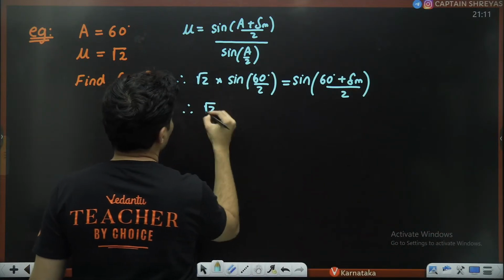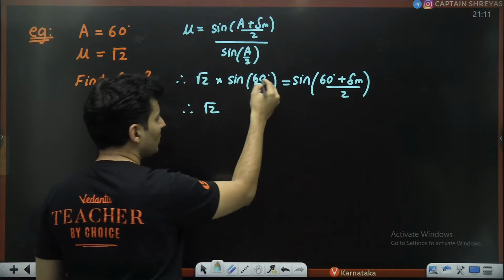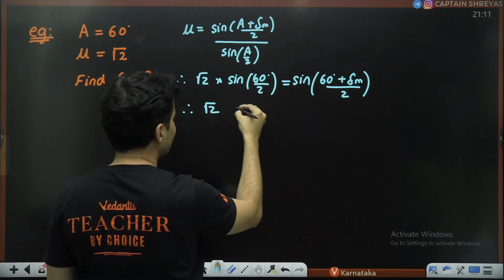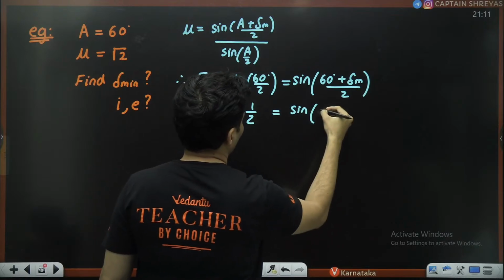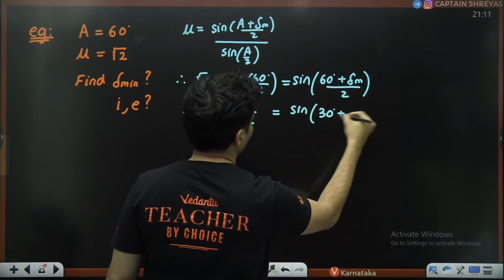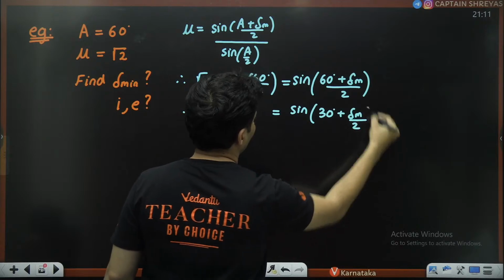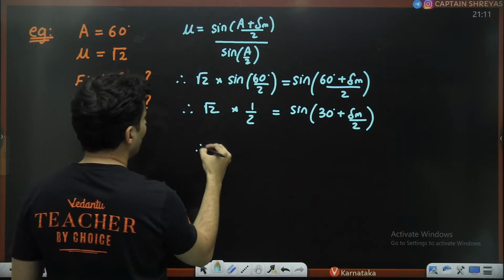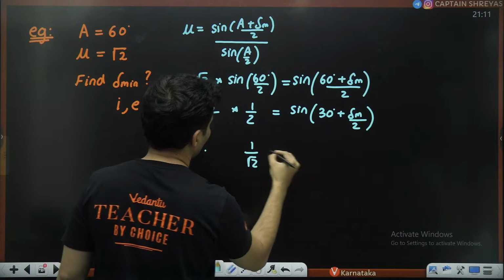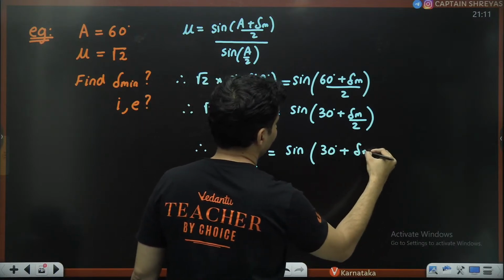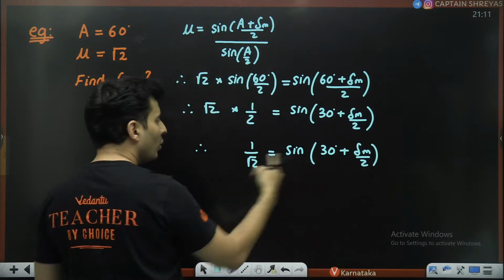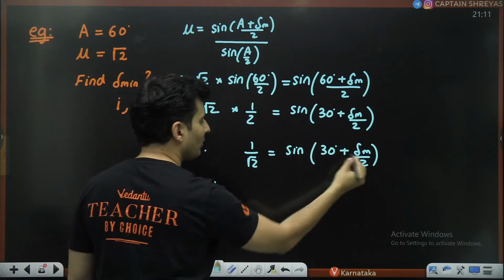So this is √2. What is sine 60 by 2? Sine 60 by 2 means sine 30. Sine 30 is basically half, so √2 into half becomes 1 by √2, which is nothing but sine of (30 degrees plus delta minimum by 2). Whose sine is 1 by √2? Obviously 45 degrees.